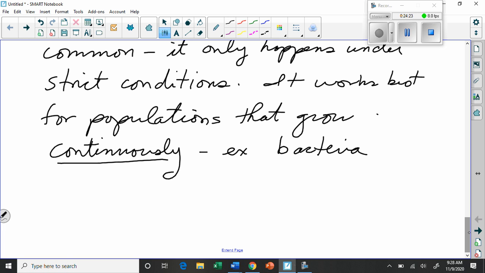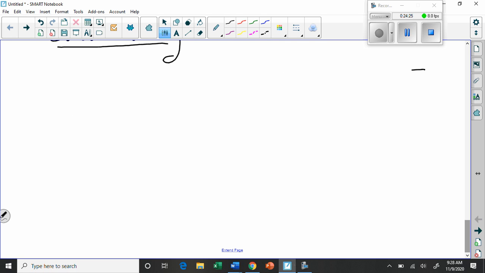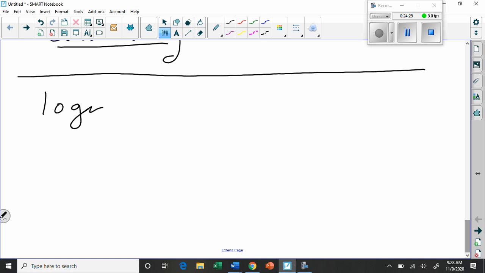Okay, now we get to the next thing, which is what we call the logistic model. Instead of the exponential model, the logistic model takes into account a few of these other things for populations like humans, wildebeest, frogs, foxes, and things that aren't going to continuously grow.